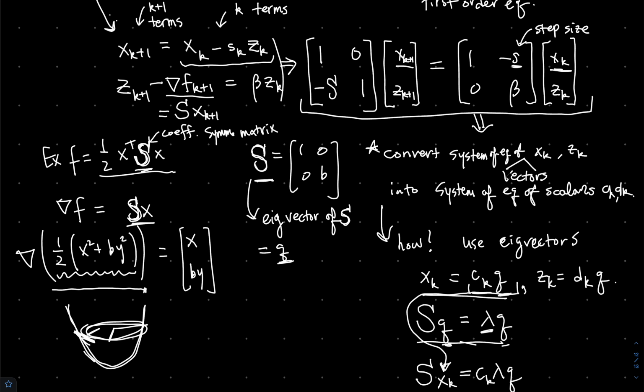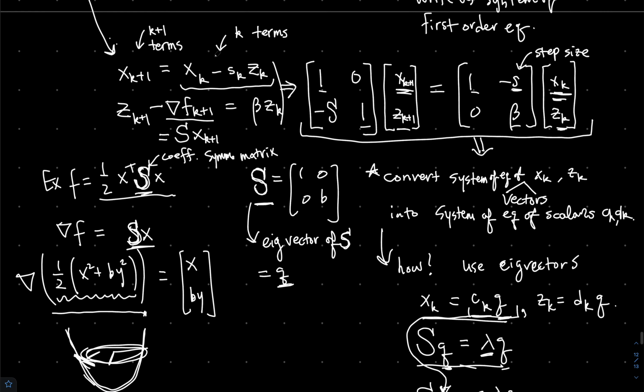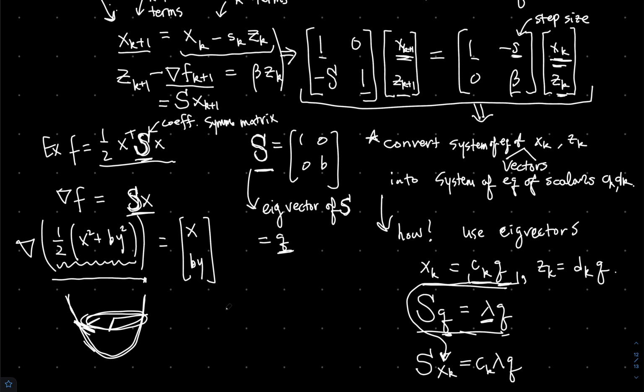And similarly, xk plus 1 is ck plus 1 q, and zk plus 1 is dk plus 1 q. So we can insert all of these terms into here, here, here, and here. And these are all scalars, right? So they can just be themselves. So let me write this again.